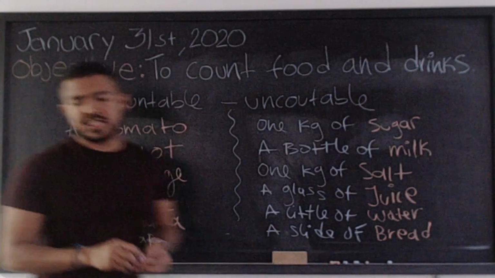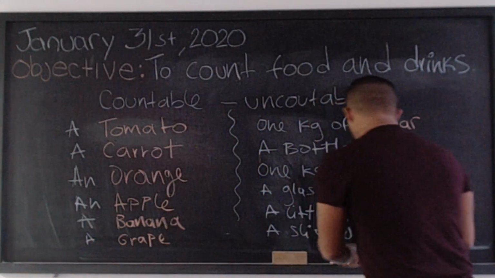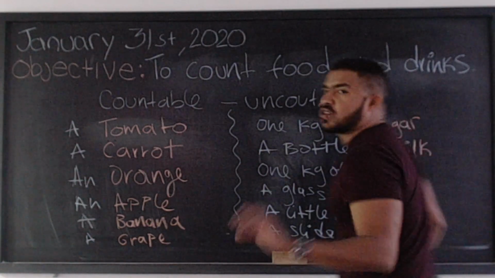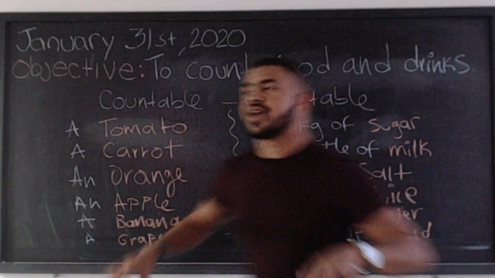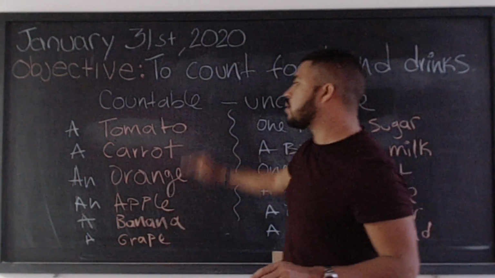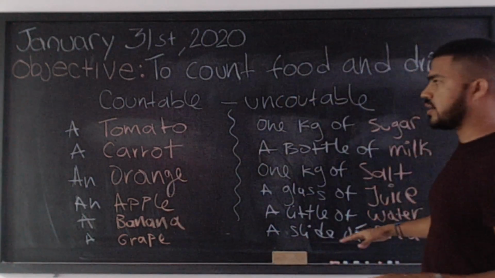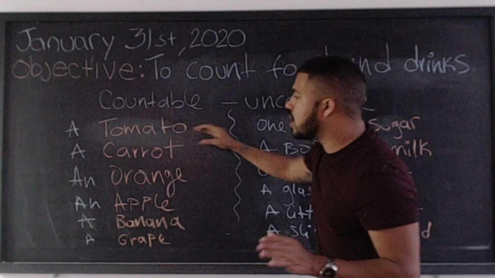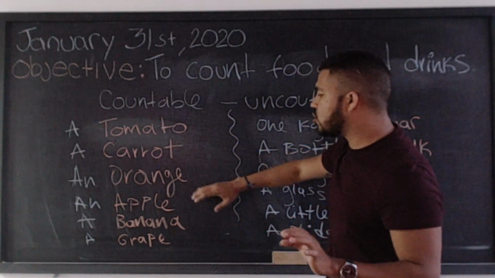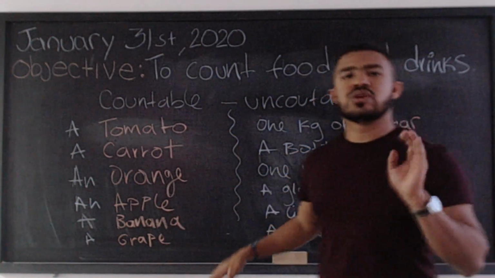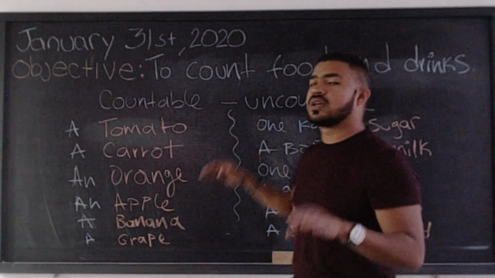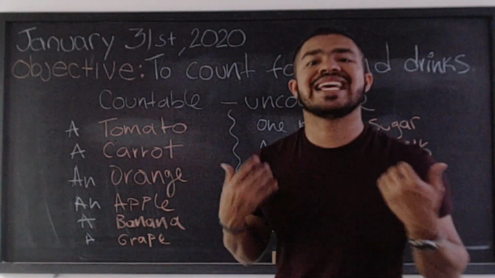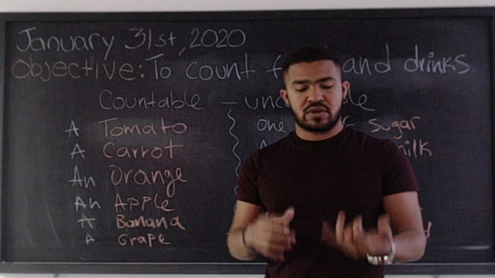Good. So guys, listen to me. Please pay attention. On the board, we got some examples of countable nouns and uncountable nouns. Examples of countable nouns are tomato, carrot, orange, apple, banana, grape. They are countable because we can count them with our fingers.